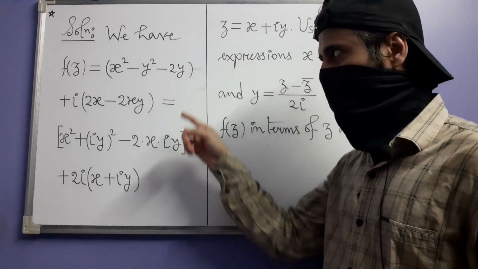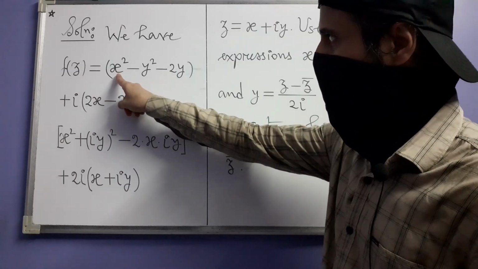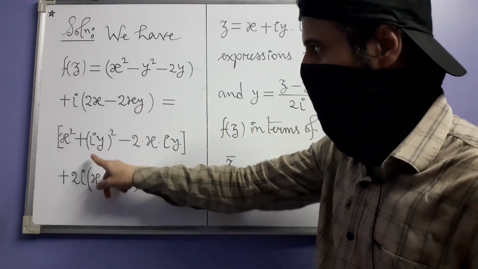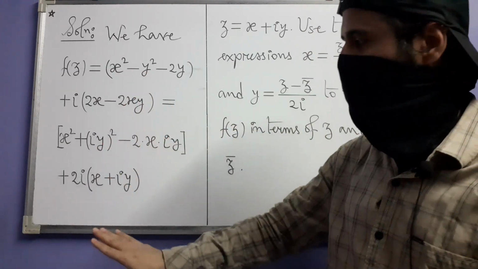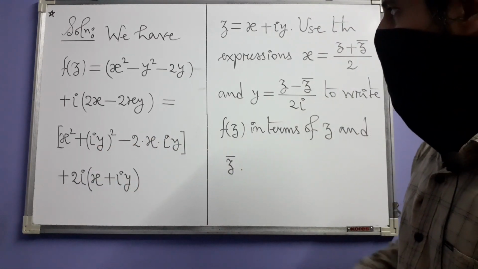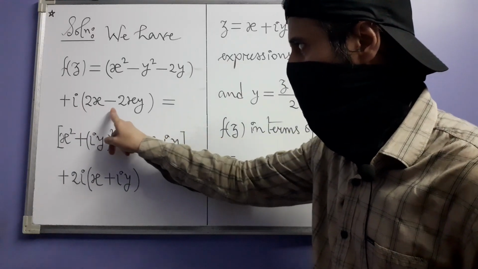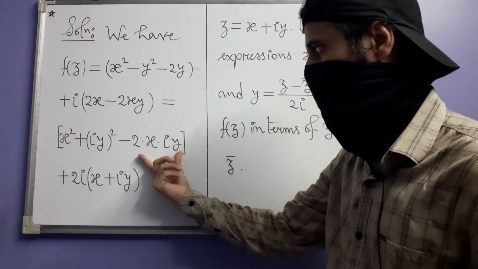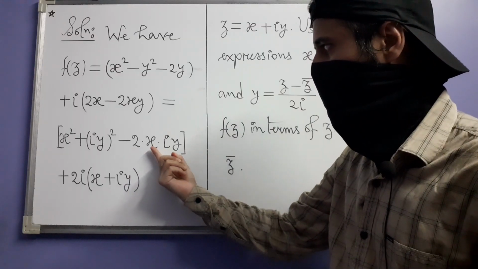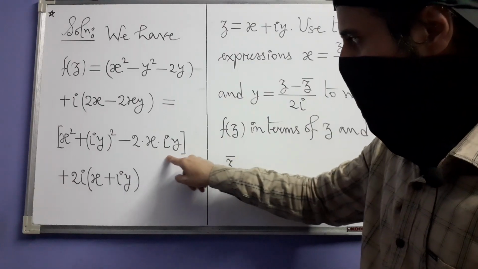Let's see how we rearranged the terms here. We have kept x squared and minus y squared together. In place of minus y squared, I have written the square of iy. And along with these two things, I have written i times minus 2xy like this: minus 2 times x times iy. Why did I choose to write it like this?